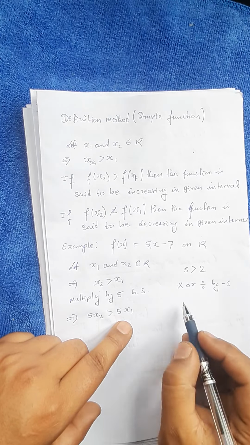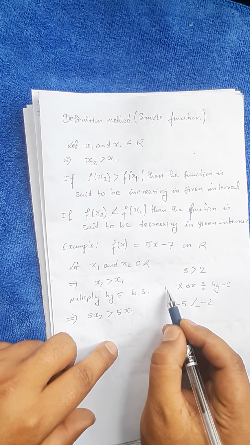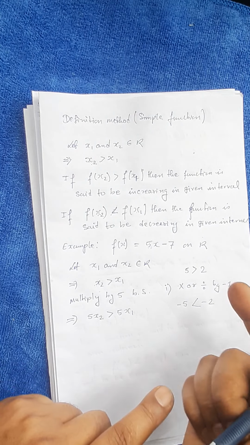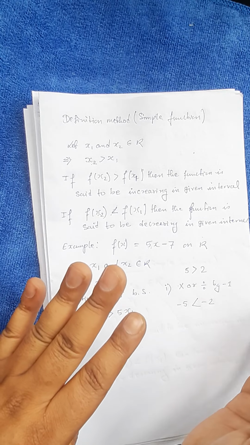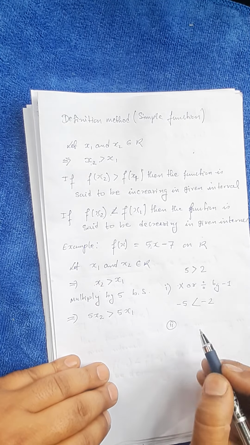Now check which one is bigger here. Obviously -2 is bigger. That's why remember, the symbol gets reversed if this relation is multiplied or divided by negative numbers. And one more thing, another one is also there, the reciprocal.